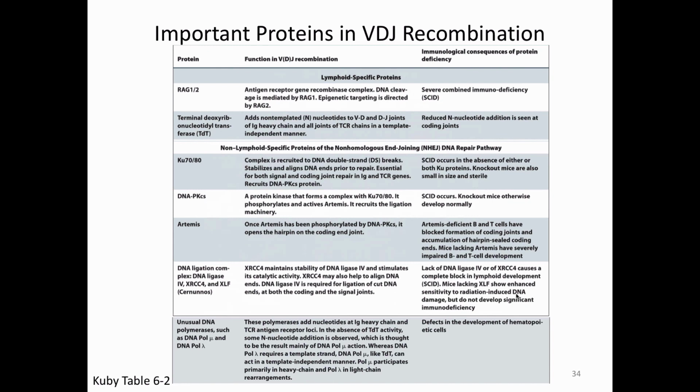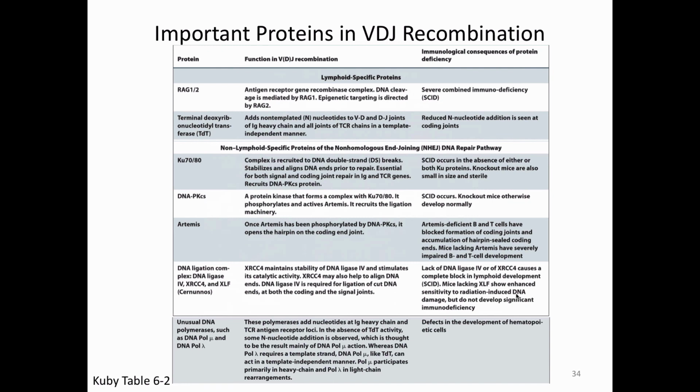Your textbook has this table of some of the proteins that are involved in this process. Some of them I'm going to talk about a lot. Some of them I'm just going to do as a drive-by. So RAG 1 and 2, we're going to talk about quite a bit. They're going to be the stars of the show. TDT, we're going to talk about quite a bit. Artemis, we're going to talk about quite a bit. RAG and TDT are only found in B cells and T cells.